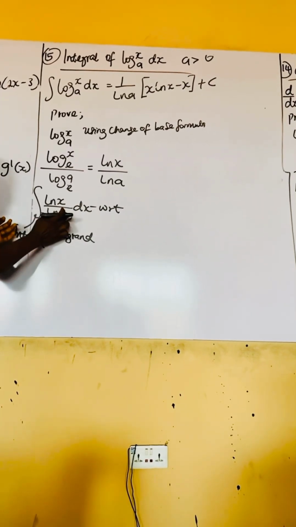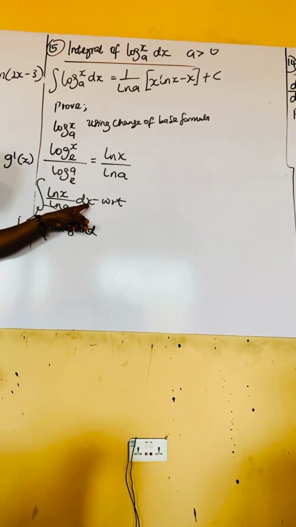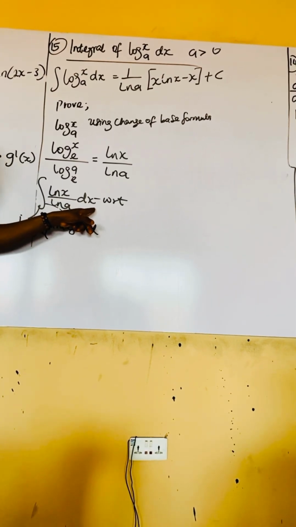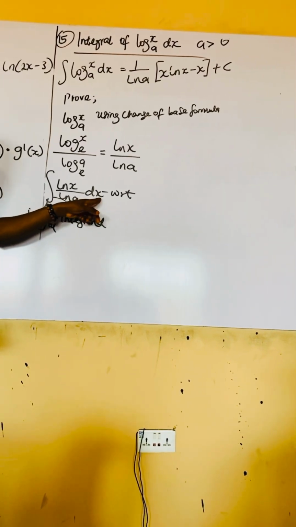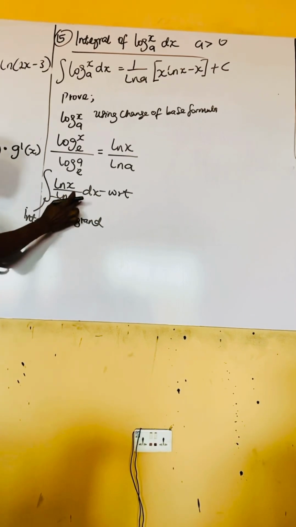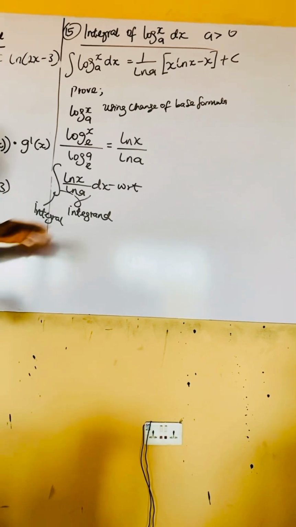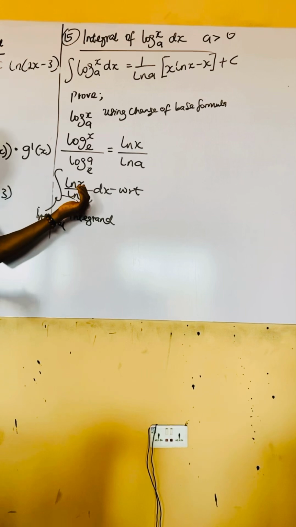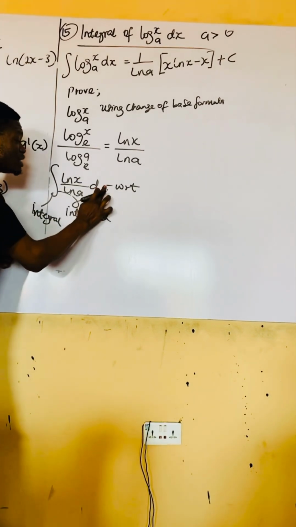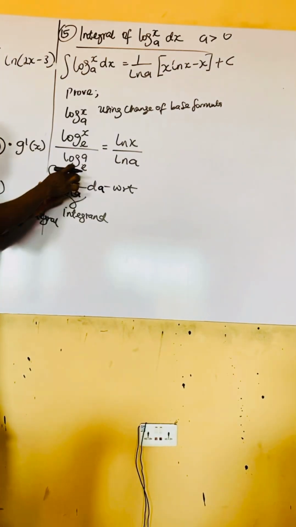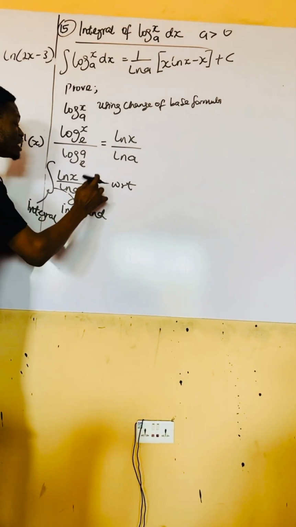So we are going to treat this one as a constant, because this one has a, and this one has x. If we were integrating with respect to a here, we would treat this as a variable, but we are integrating with respect to x.